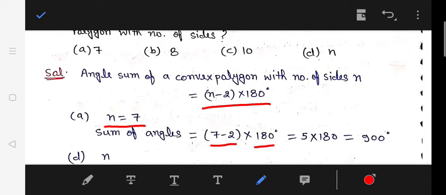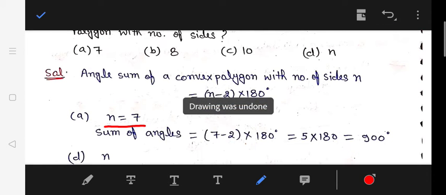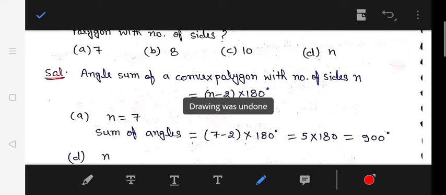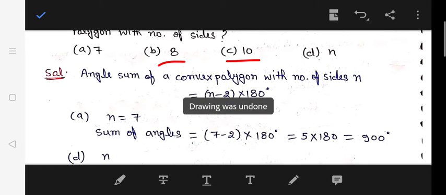Then 7 minus 2 is 5, into 180, that is equal to 900 degrees. So the sum of the angles of a polygon having number of sides n equal to 7 will be 900 degrees. In the same way you can solve the B and C parts when n equals 8 and when n equals 10. You need to follow the same formula to solve the B and C parts.